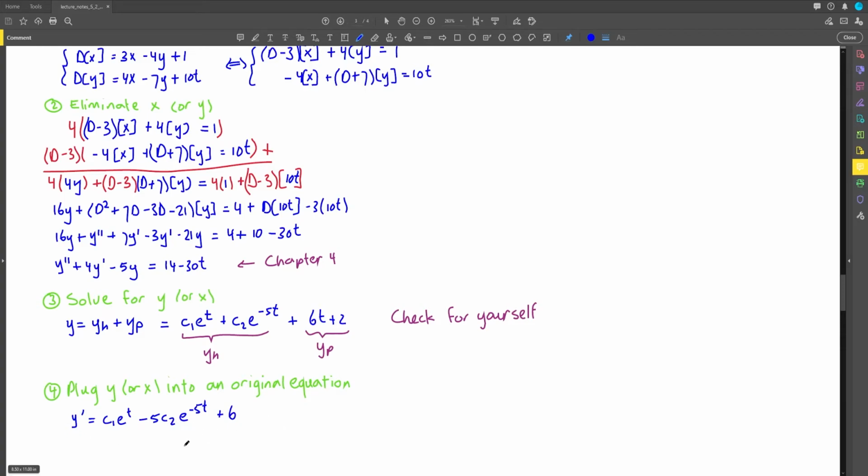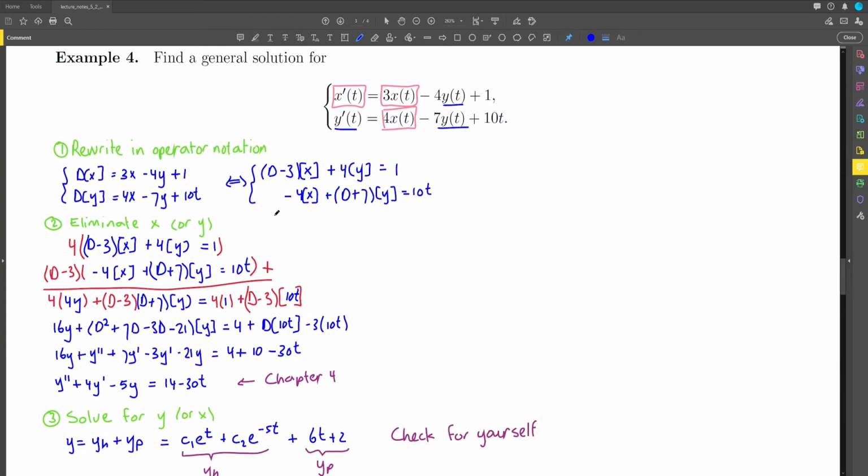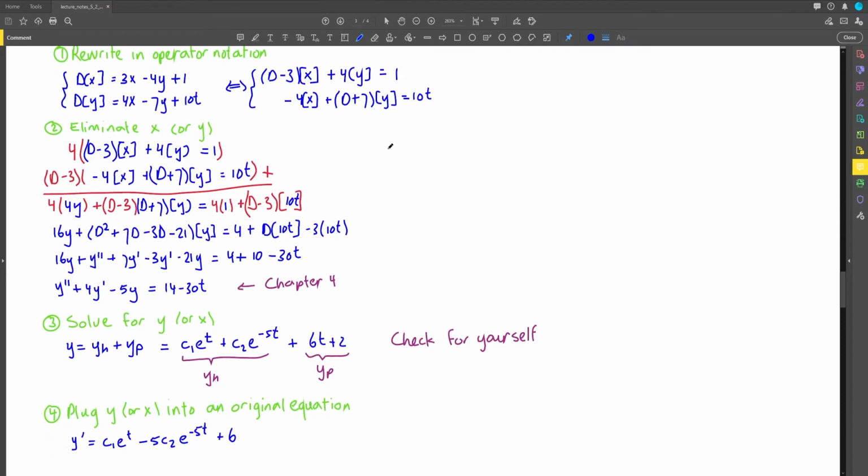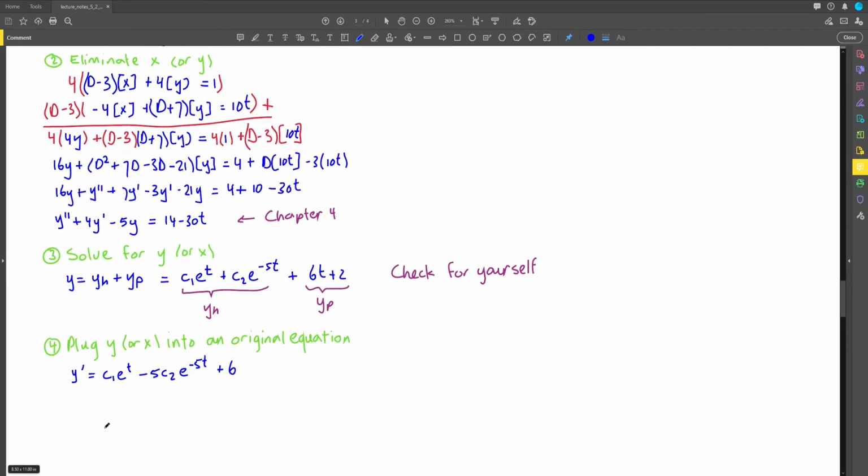Okay, so now we're going to plug that into the differential equation over here. So the differential equation is given by y prime equals 4x minus 7y plus 10t.